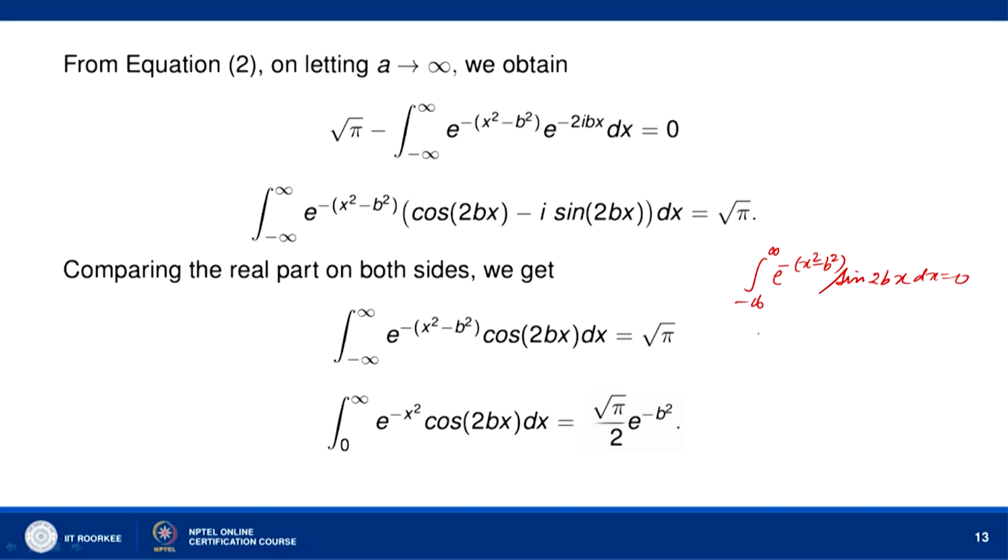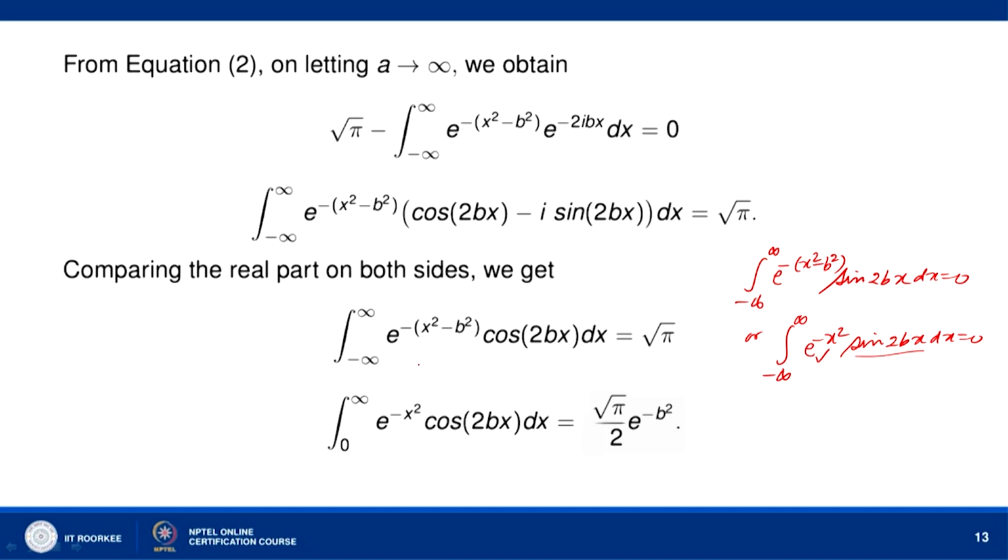Or we can say the integral over minus infinity to infinity of e to the power minus x square sin 2bx dx equals 0. You can divide this equation by e to the power b square. And this has to happen because e to the power minus x square is an even function, sin 2bx is an odd function. So its value over minus infinity to infinity has to be 0. So that is verified. Now, this is equal to root pi.